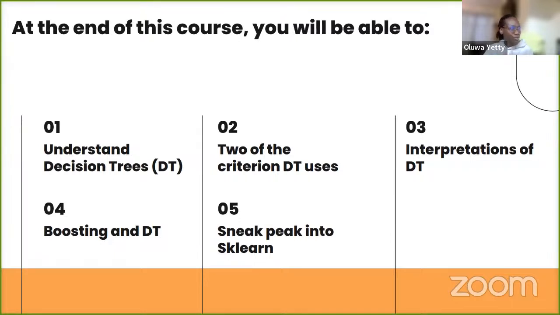We'll also go through two criteria that decision trees use. When you see DT, it's just short for decision trees. We'll also look at what interpretable models mean and how we can interpret decision tree models. We'll also look at boosting algorithms, what a boosting algorithm is, and how they are related to decision trees.